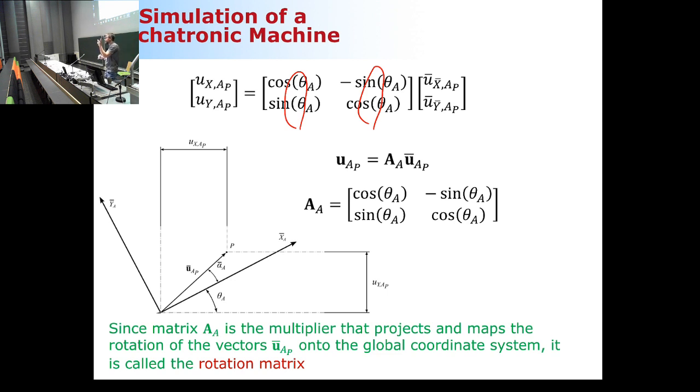Meaning that if you want to take an inverse of this matrix, you can simply do it by using the transpose operation, like we discussed earlier today. Okay, so now I have this magic relation that moves the representation from the body reference coordinate system to the global coordinate system. And that's possible with the help of this 2x2 rotation matrix.